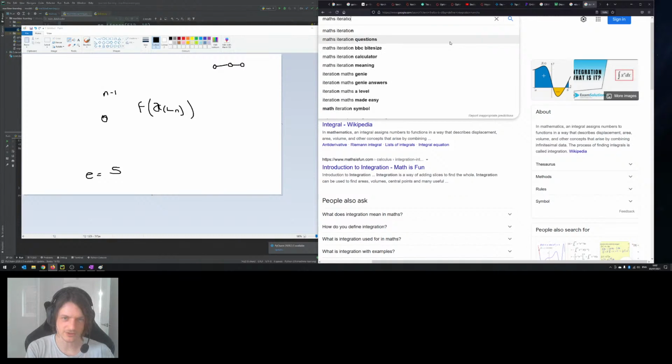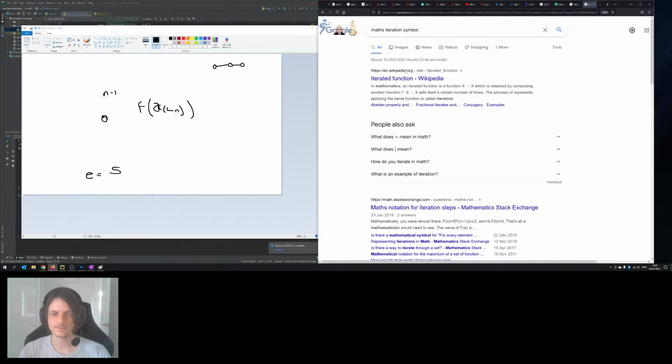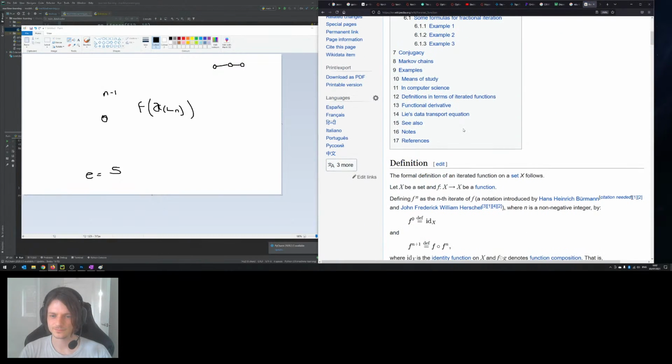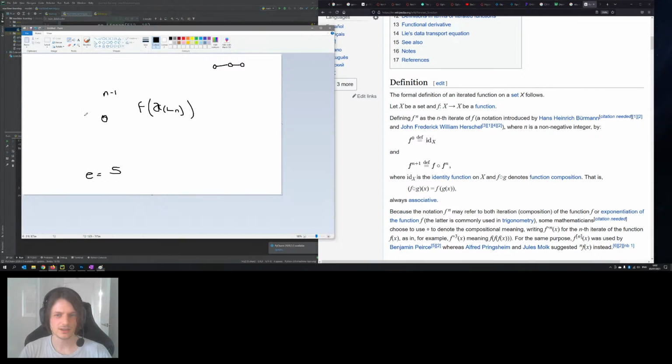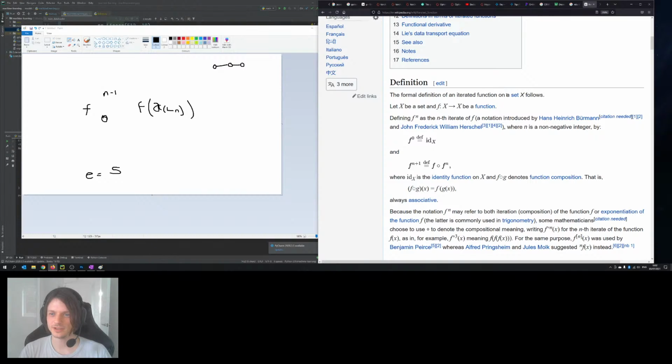Math iteration symbol function. So the formal definition of iterated function of a set X follows: let X be a set and f: X to X be a function.